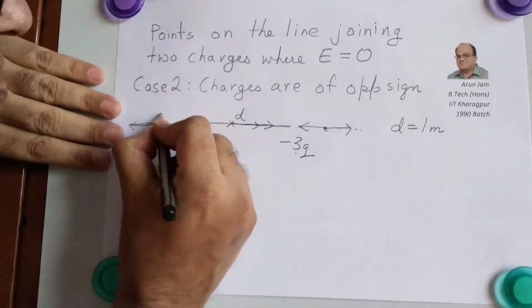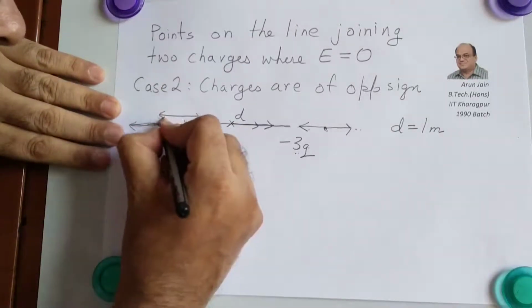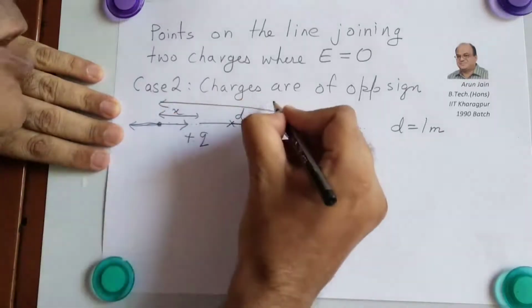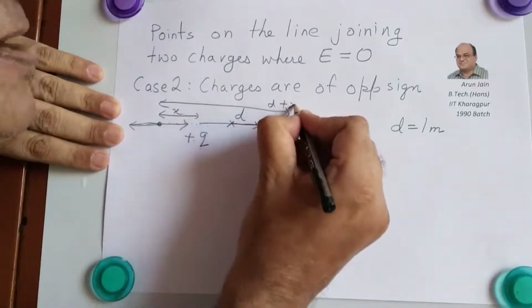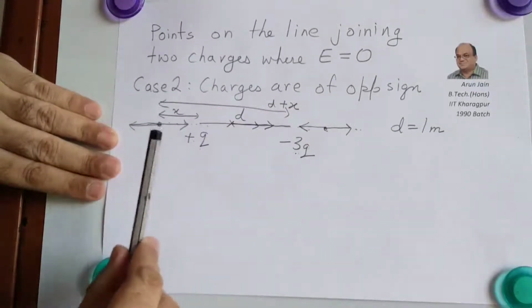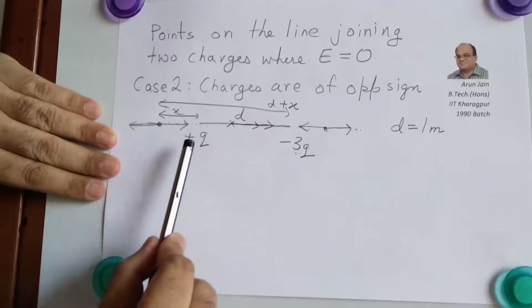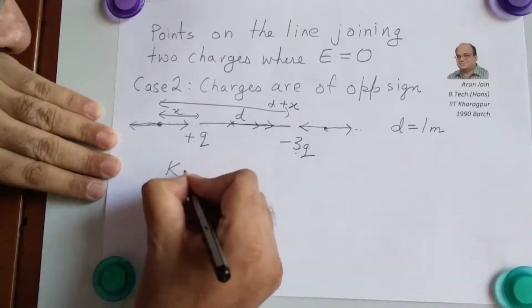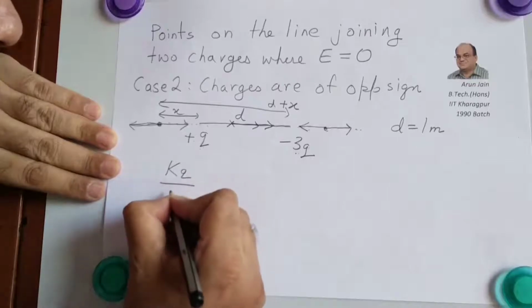So let's consider this distance as x, and the distance to the minus charge will therefore become d plus x. So here the electric field created by the plus charge will have a magnitude k into q by x squared.